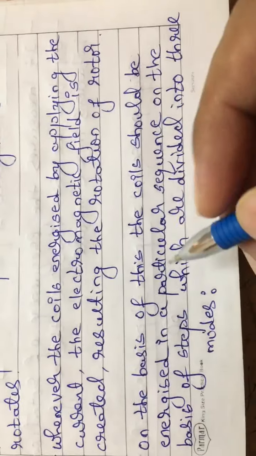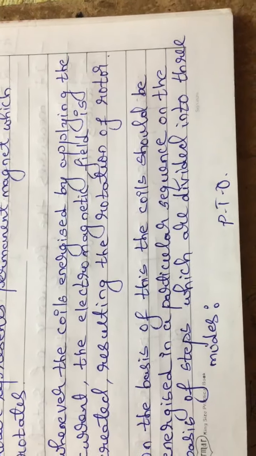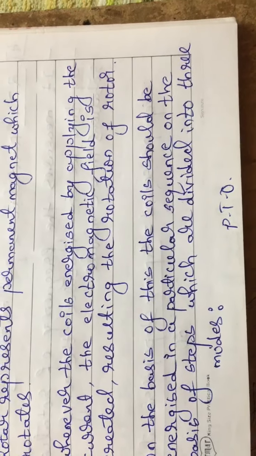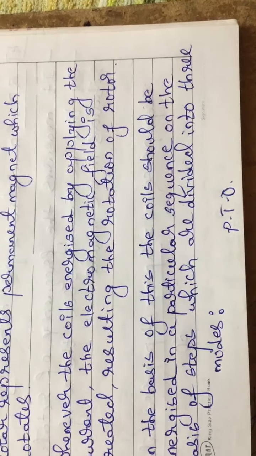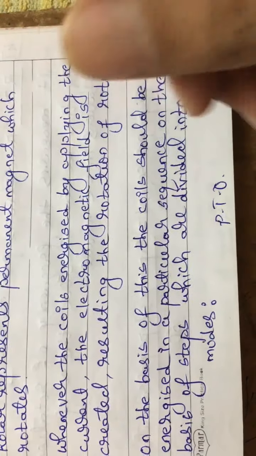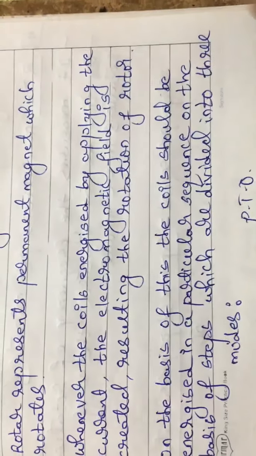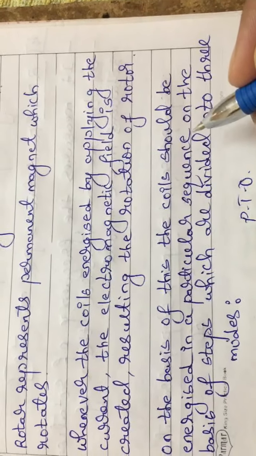The coils should be energized in a particular sequence, right? There is a certain sequence we need to follow in order to energize coil number 1, coil number 2, coil number 3 or coil number 4. So they are divided according to the steps, which are divided into 3 modes.